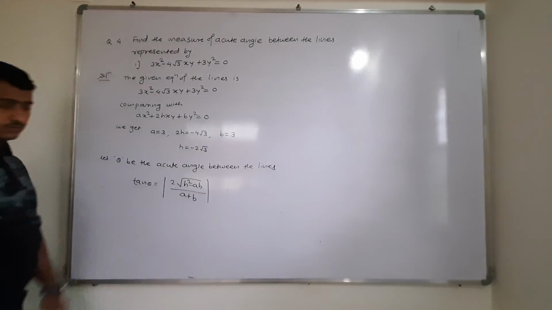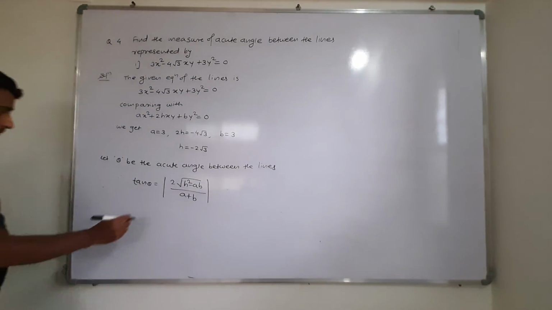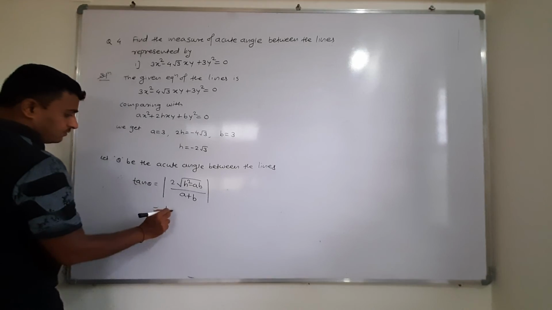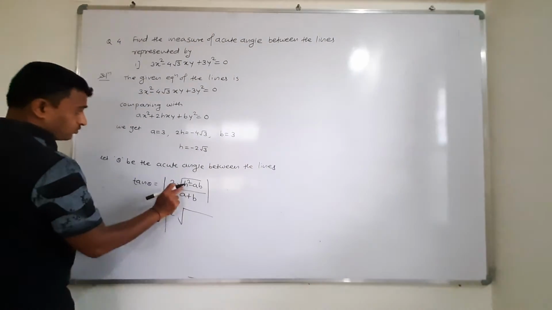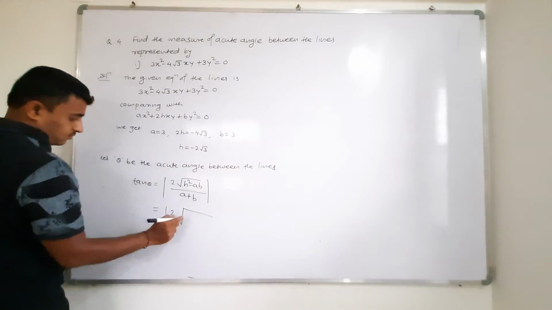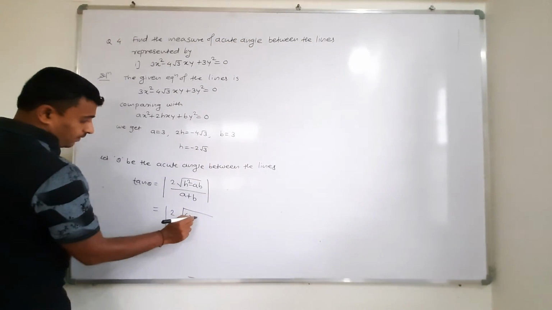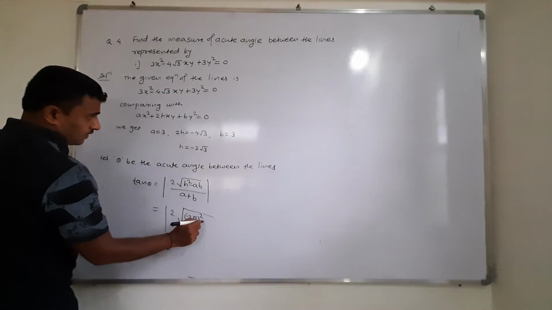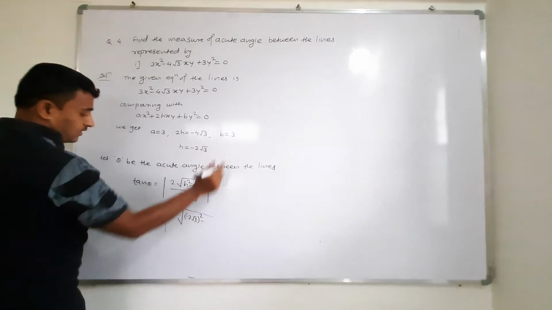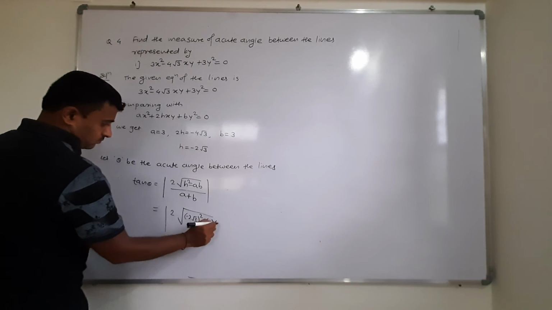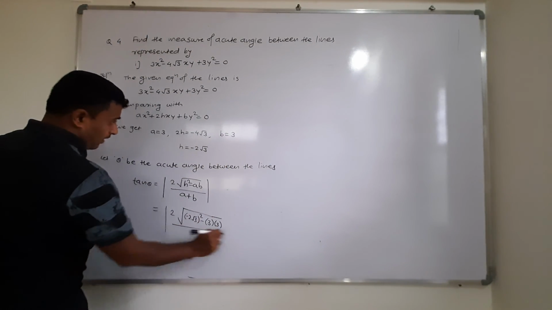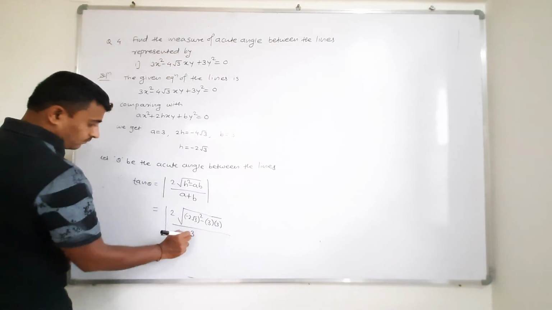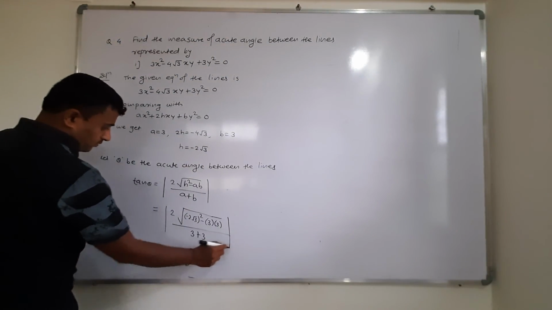This is just the formula. That is 2 times square root of h square, h is minus 2 root 3 squared, minus ab, a is 3, b is 3, divided by a plus b, 3 plus 3.